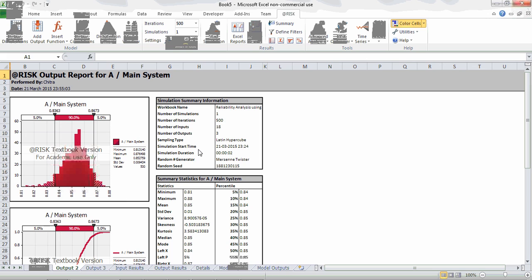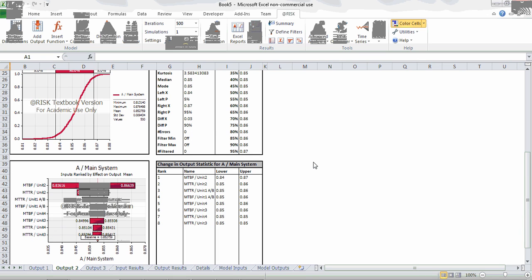This is for the next output, where this output report A is for the main system. So you have the unit 2 mean time between failures, which has a range. Similarly, the mean time to repair for unit 2 also has a range.